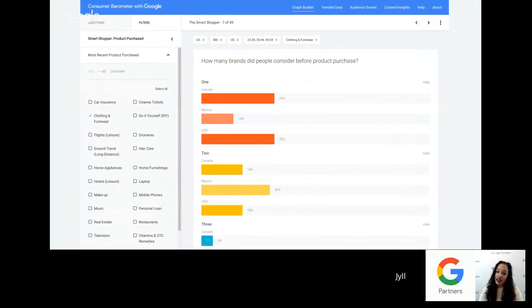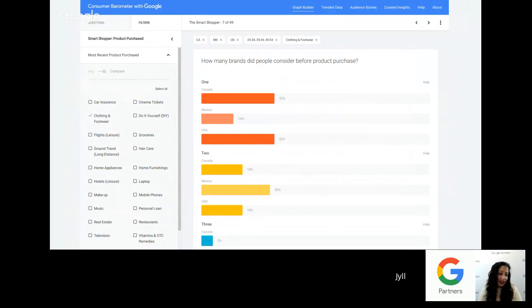And now that we've selected a Smart Shopper question, we can select a Smart Shopper filter. So we're going to look at clothing and footwear, but there are about 20 different categories you can look at here. Now what's this showing us? For people whose most recent purchase was clothing or footwear, regardless of where they purchased it, who are between the ages of 25 and 54, how many different brands did they consider before they made their purchase?